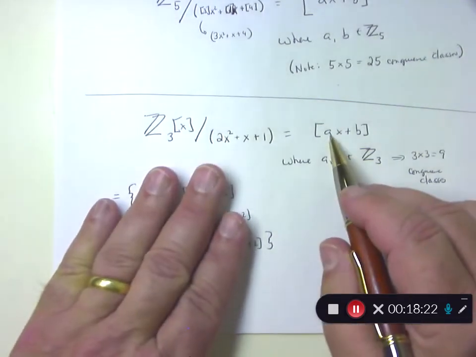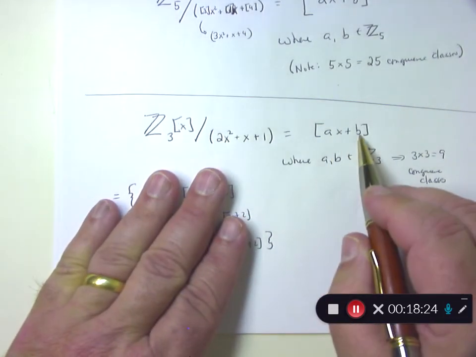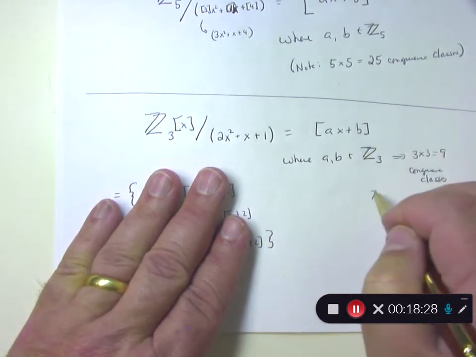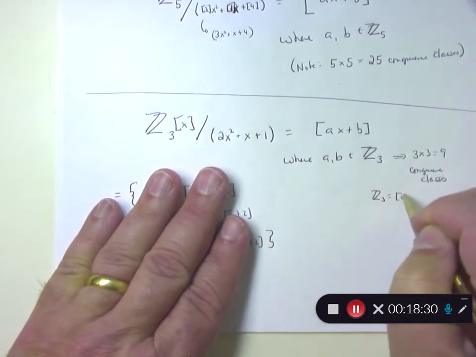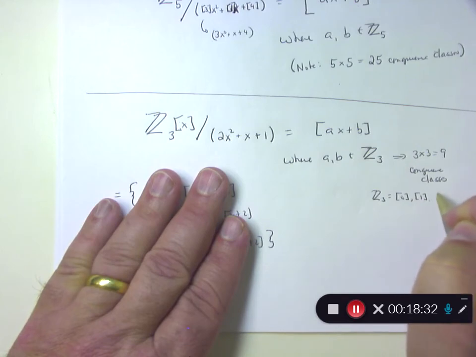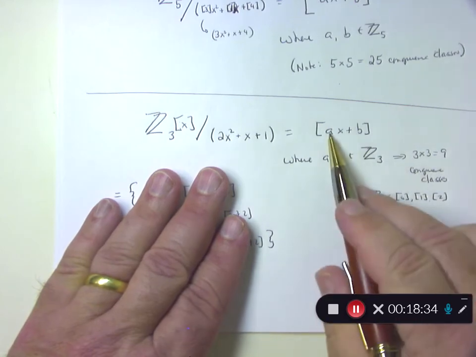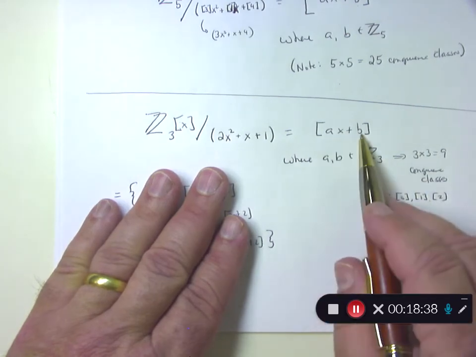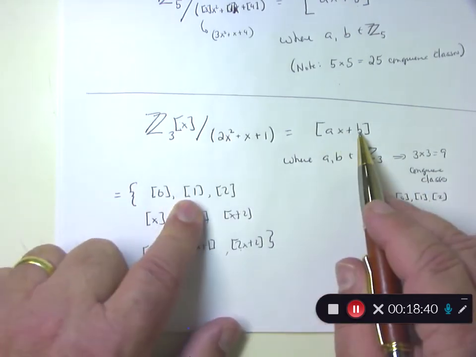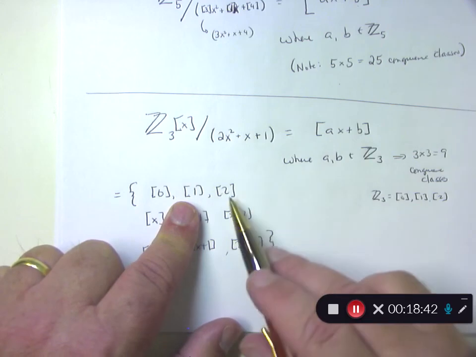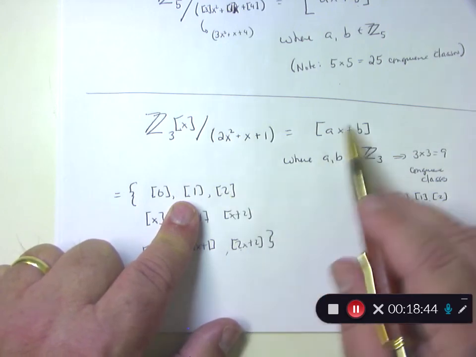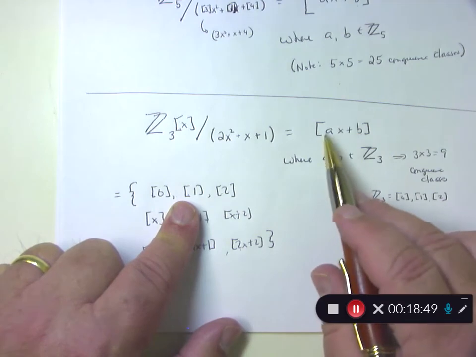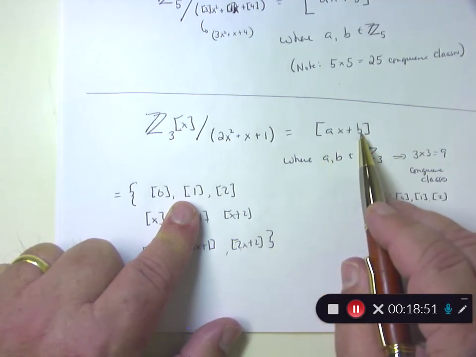I make a equal to 0, and I run the gamut on b. Remember, in Z3 you've got a choice of equivalence class 0, 1, and 2. So a is 0, b can be 0, 1, and 2. So 0x plus 0 is 0, 0x plus 1 is 1, 0x plus 2 is equivalence class 2. Now I'm going to bump it up. A could be equal to 1. If a is 1, that'll be 1x, and then run the gamut on b: 0, 1, 2.